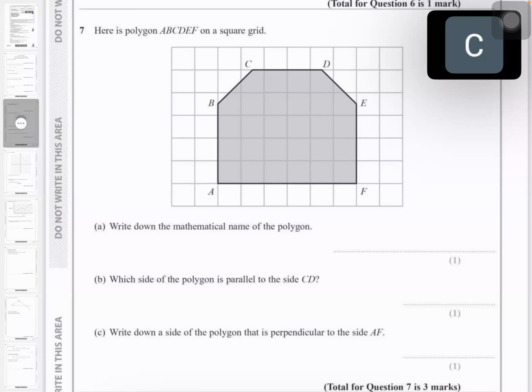In this case, if you look at this diagram very well, there are two lines that are perpendicular to AF. Number one, AB, and number two, FE or EF. Can you see that? They are both at 90 degrees to AF. We're assuming this is a graph sheet and that all these squares are squares in the true sense of it. So we are safe to assume that there's 90 degrees where A and F are.